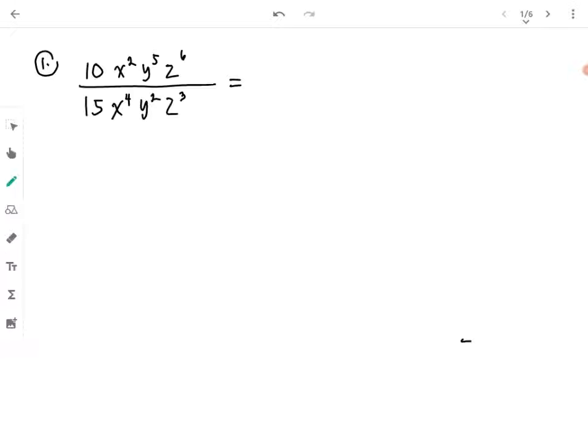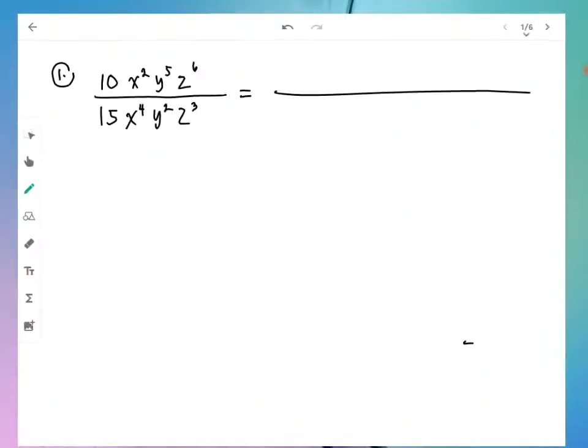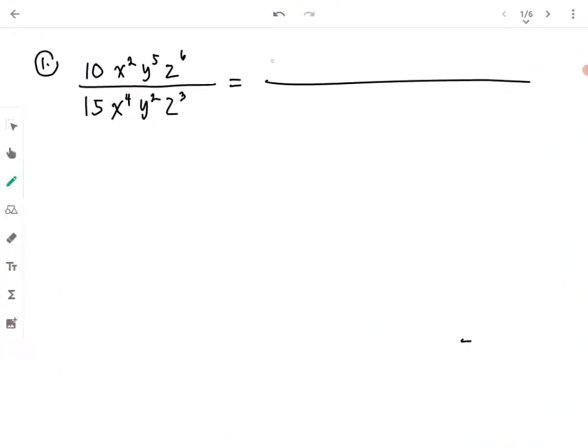Between 10 and 15, the GCF is 5. So 10 is 2 times 5, and 15 is 3 times 5.